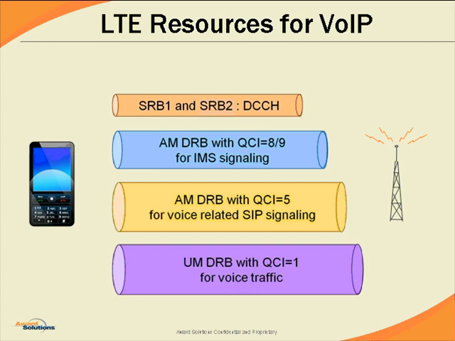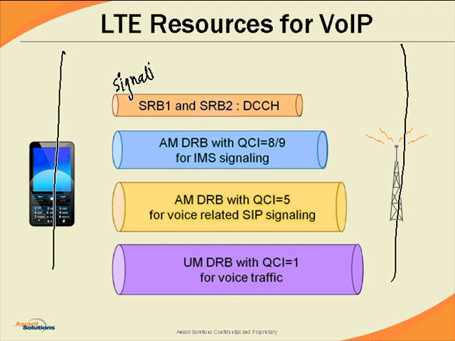Okay, in terms of what we are actually using on the air interface between UE and the eNode B, we have signaling radio bearer, that is SRB. We have two signaling radio bearers.